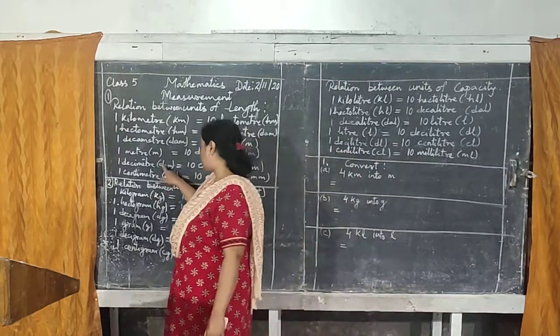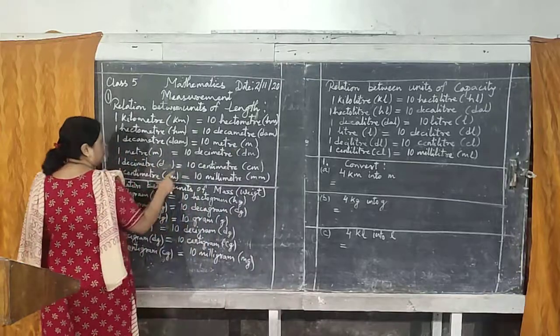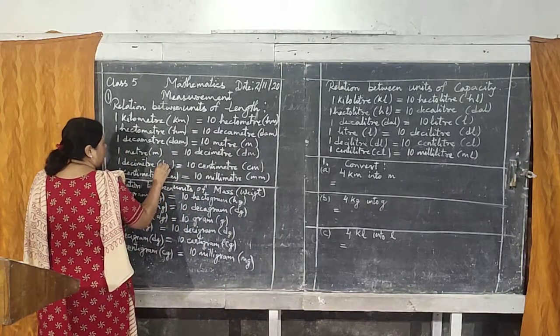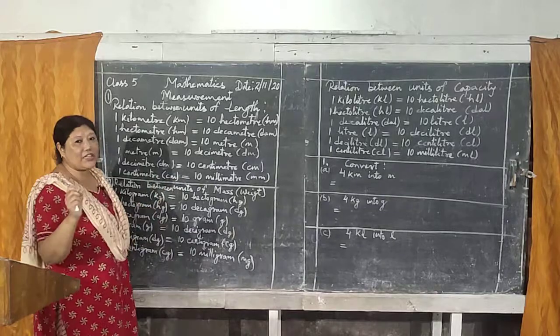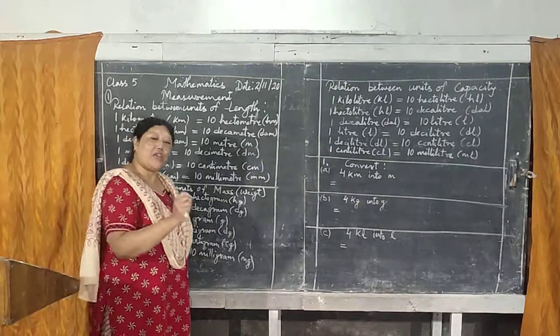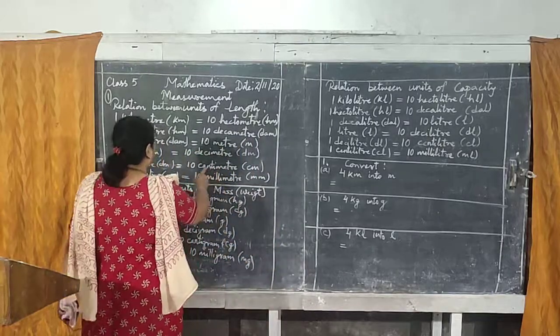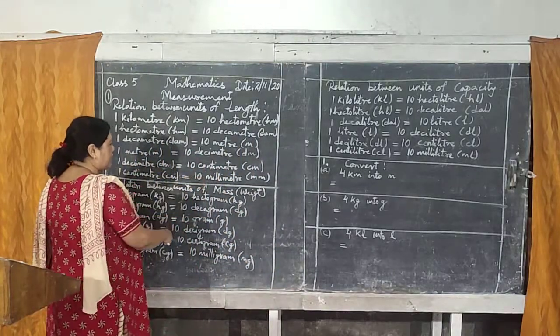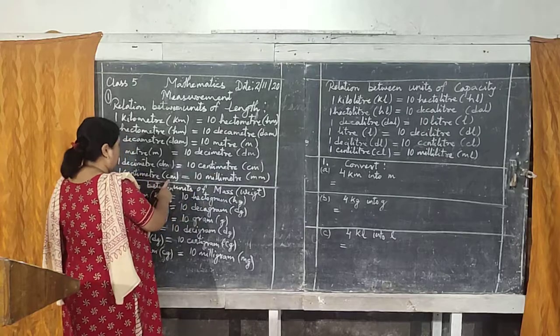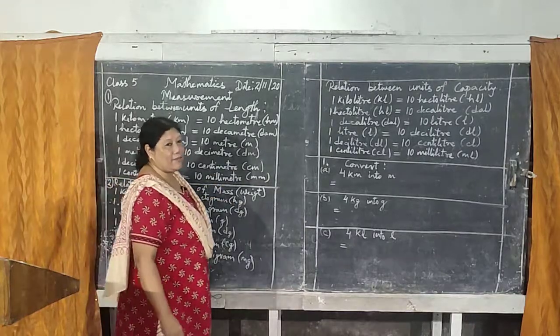Here I made a mistake; it's dm only. If it is dm, that means decimeter. If it is dam, it is decameter. Then centimeter is cm and millimeter is mm.